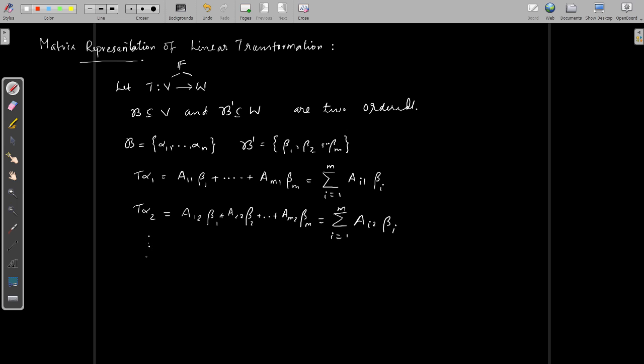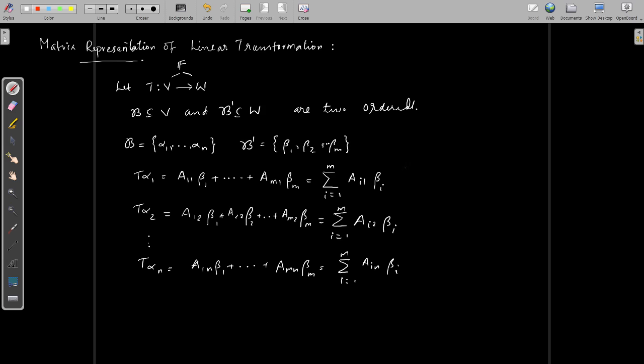Similarly, you can write T alpha n. T alpha n is equal to a1n beta 1 plus etc. amn beta m. That is summation i equal to 1 to m ain beta i.